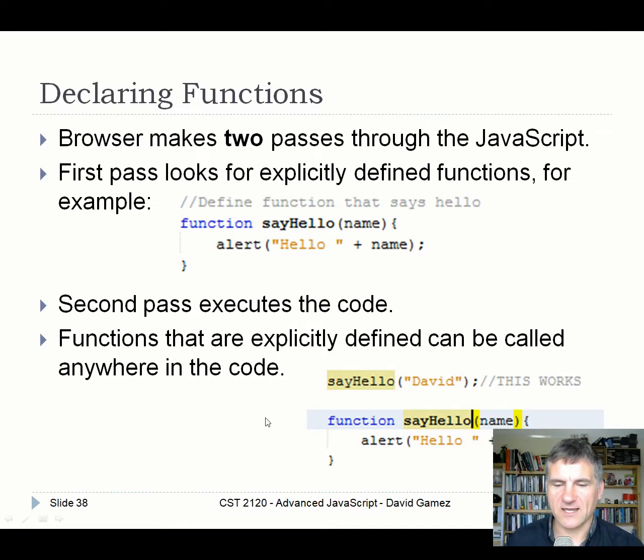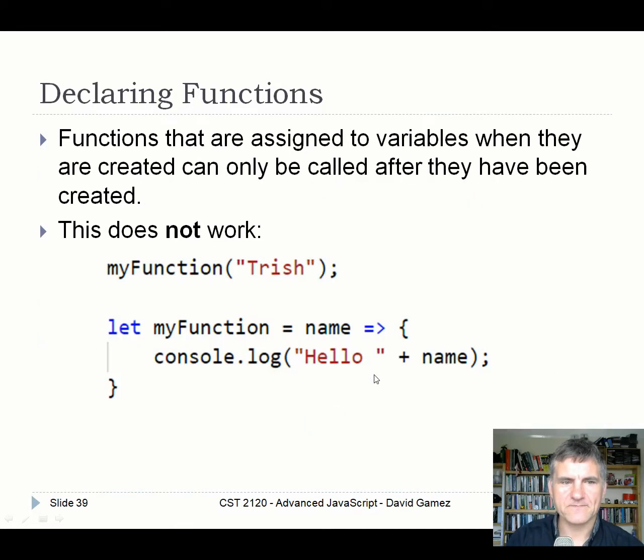So in this case, this will work. Even though this piece of code comes before here, because it's already done the first pass, on the second pass through the code, when the browser comes to here, it already identified the say hello function in the first pass, so it can actually execute it here. So that will work, yeah?